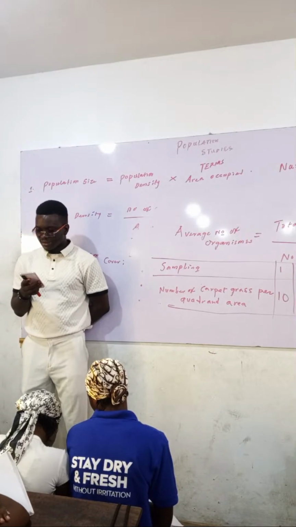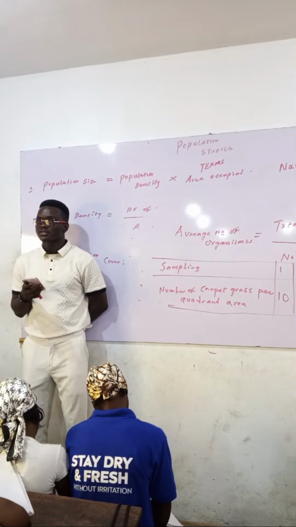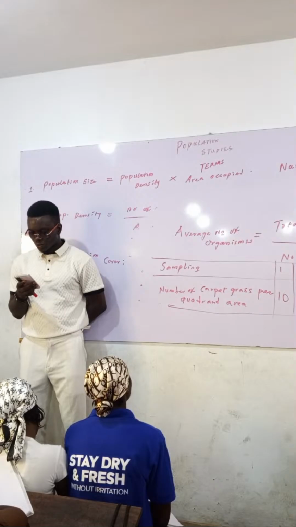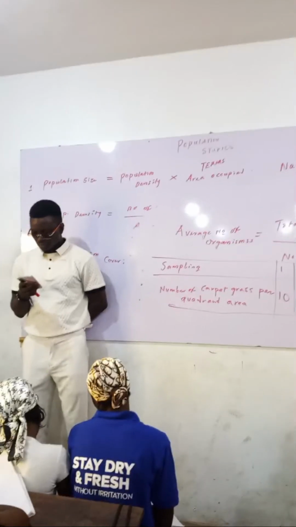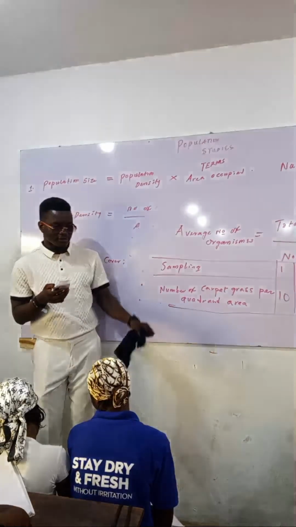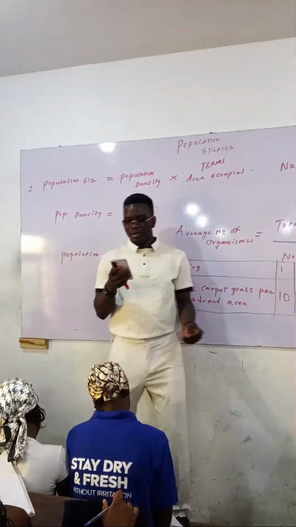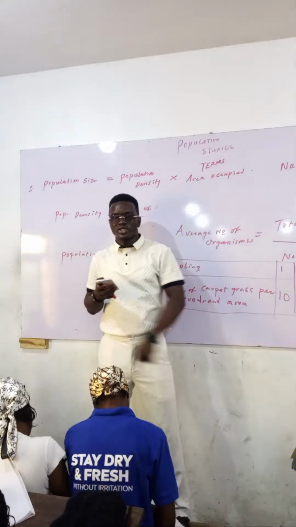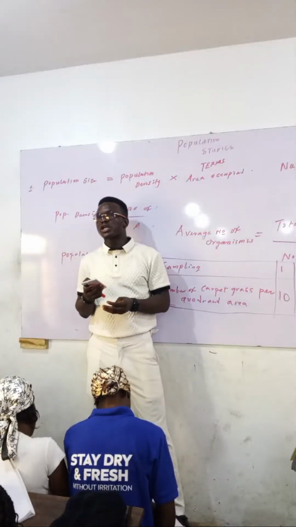You remember that you were given the area of the quadrant. The quadrant itself is 1 meter squared. So for that area, there's an average number existing. So right, the total area of field studied is 200 meters squared.